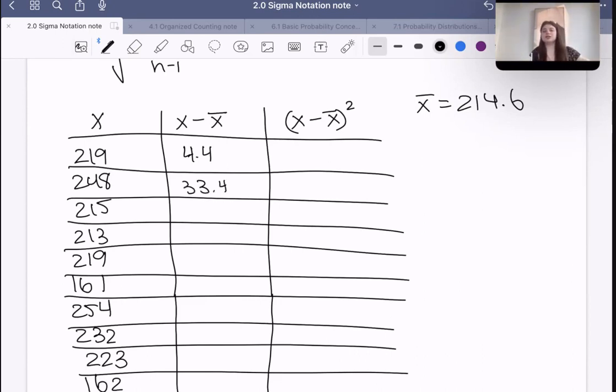We're just taking each of the x values and subtracting this 214.6 to get the rest of the values. So I'm going to just put those in quickly here because I think you all get the idea as to how to subtract two numbers and which two numbers to subtract in these cases.